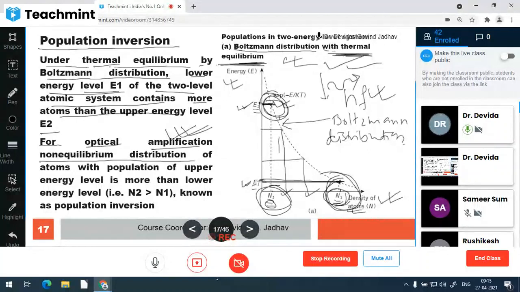So a large number of atoms are in the valence state and a small number of atoms are in the conduction state. So this is equilibrium. And as a small number of atoms are in the conduction state, to jump from conduction to valence there are very few chances and very few photons are emitted. This will not give amplification. Then for optical amplification, non-equilibrium distribution of atoms is required.